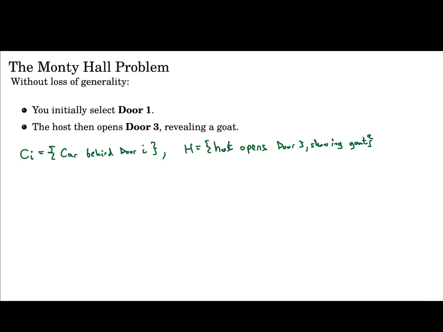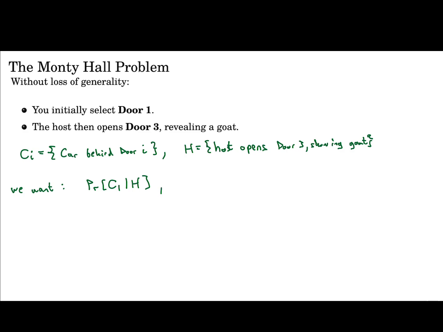then what we want is to find the probability that the car is in door 1, so the door that we chose, given that the host opened door 3.